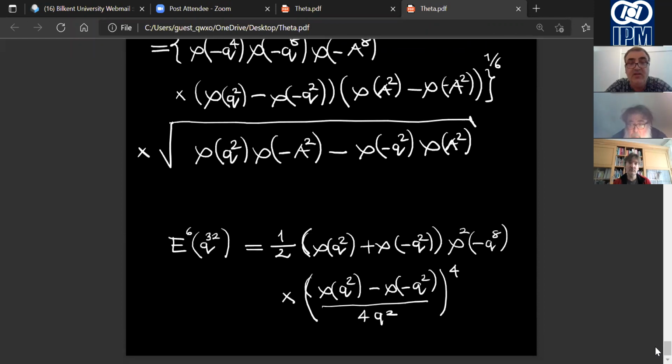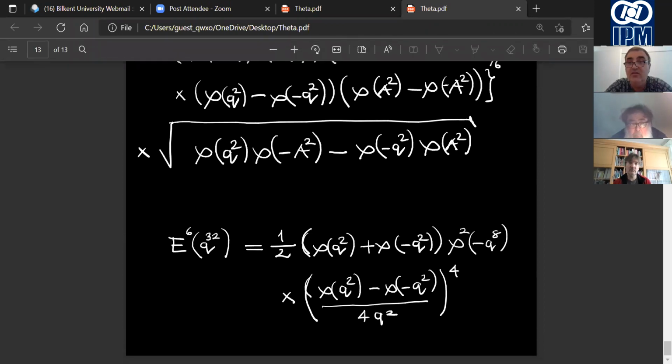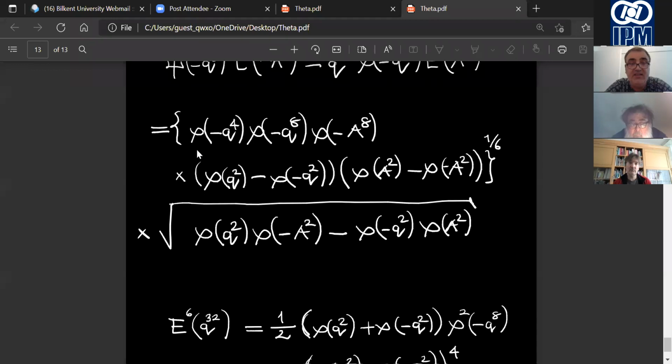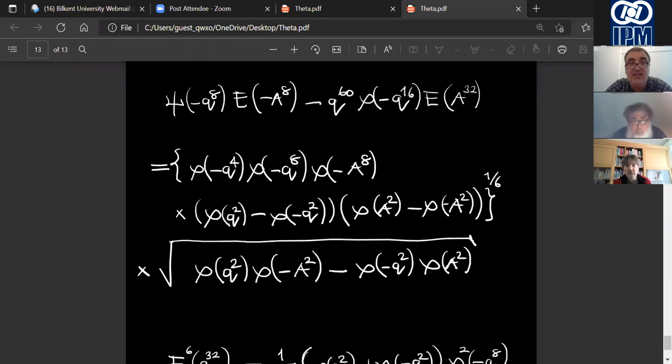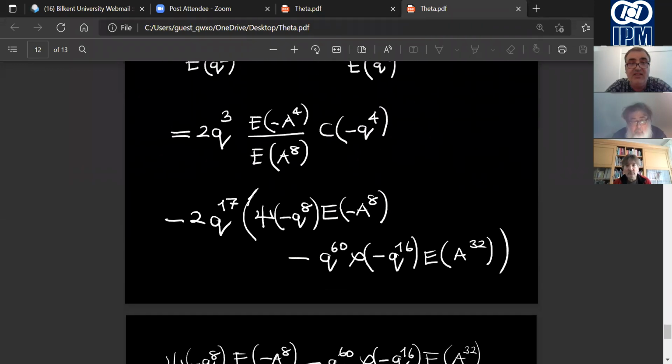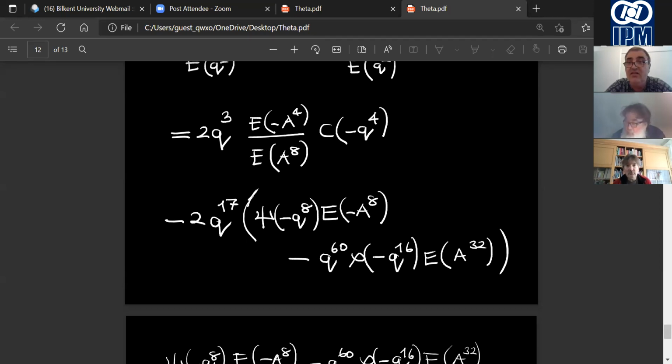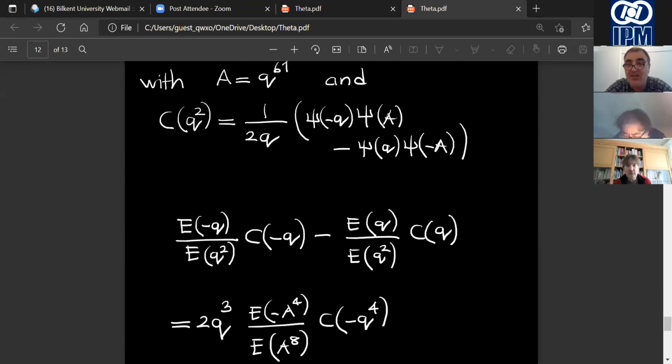Somehow I can get these simple, this is quite simple. This is not bad, but the constant that I get in front does not agree with what I would get from this one here, so I cannot factor out those constants and cancel. As a theta function identity, it is not bad.